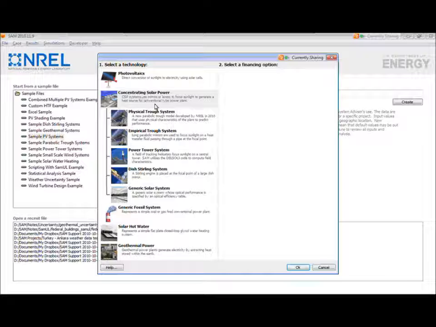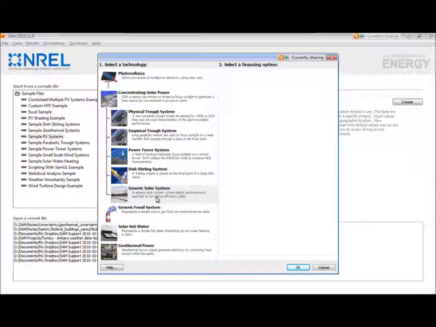So we've got a number of options under concentrating solar power. We've got 2 options for modeling troughs. And then we can model power tower systems, dish Stirling systems, and then this generic solar system is an option for those of you who have optical efficiency data.